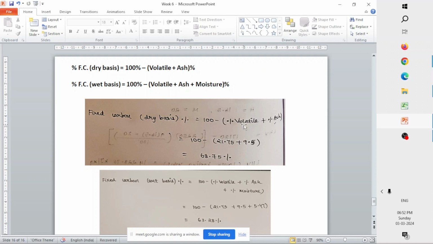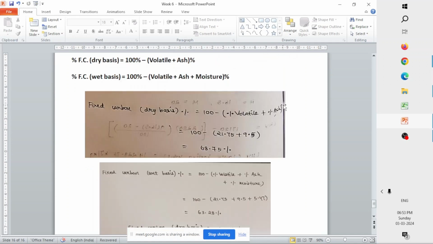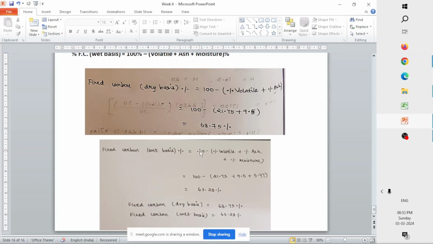So it's 100 minus (percentage volatile plus percentage ash). Percentage volatile is given as 21.75 percent and percentage ash is given as 9.5. 21.75 plus 9.5 is 31.25, and 100 minus this value gives the fixed carbon on the dry weight basis as 68.75 percent.